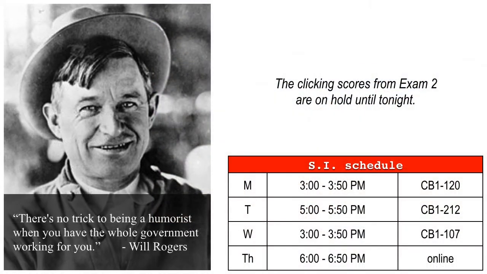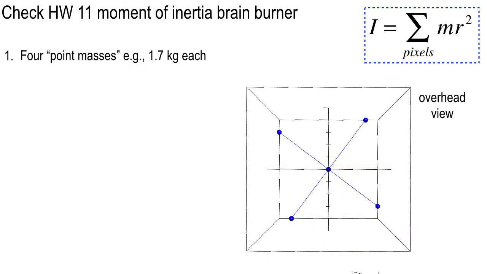Okay, I already mentioned the clicking scores. Let's take a look at homework 11, brain burner. It was a problem in which you were to compute, from brain burner difficulty information, the moment of inertia of an object connected by two light rods of negligible mass at specific locations.